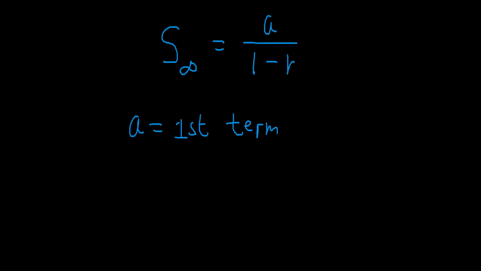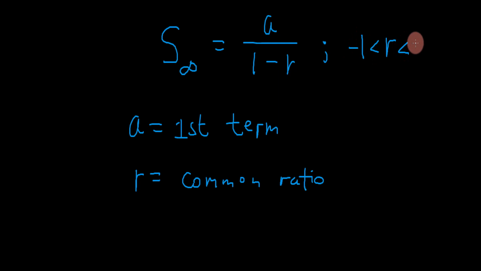And r, of course, is the common ratio. So this equation only applies to a convergent geometric series. In other words, it only applies when r is between plus and minus 1.